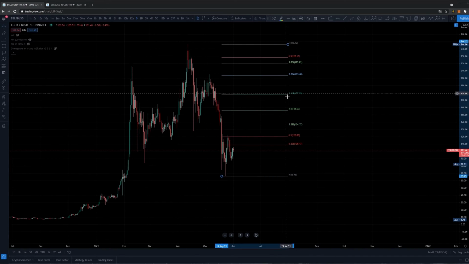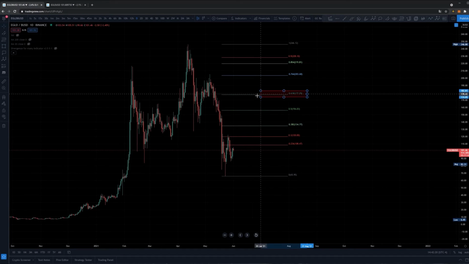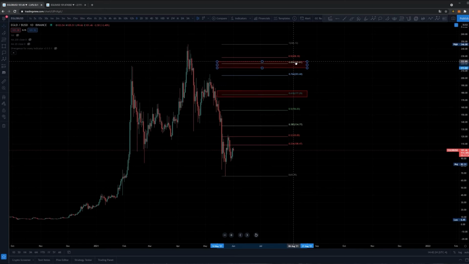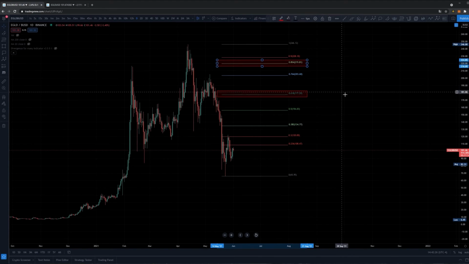We have, like I said, 177 and 29, which was the pole of the symmetrical triangle if we break on the upper side of the ascending triangle, sorry. Which means we have 177 right here, and we also have this 0.54, which are two optimal targets for a B wave.